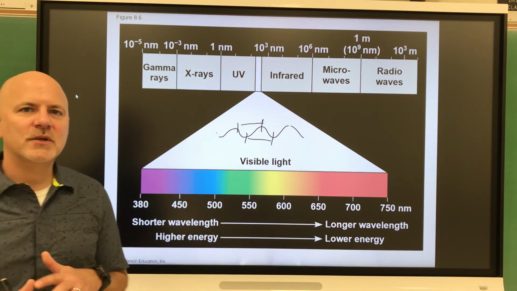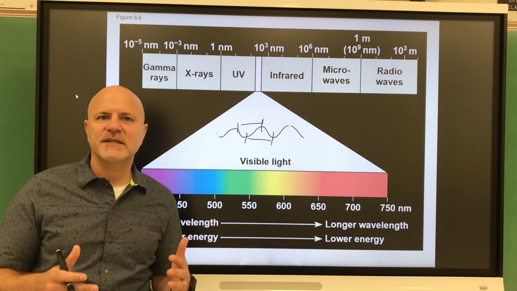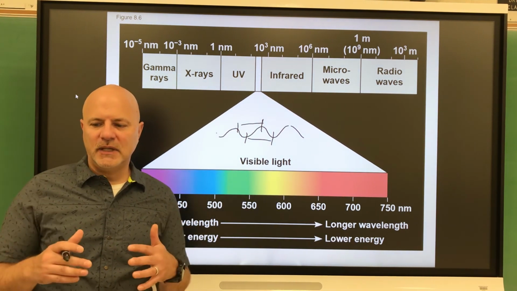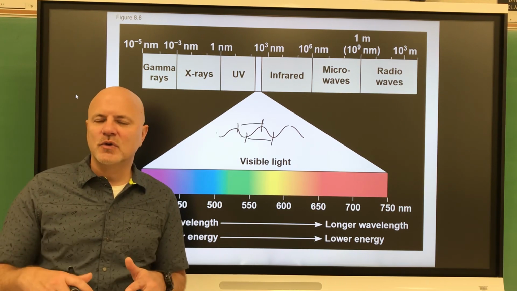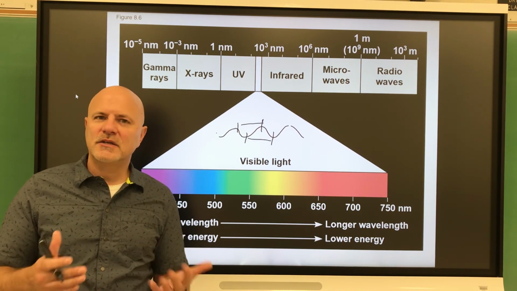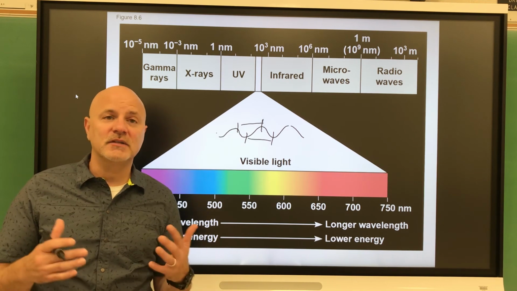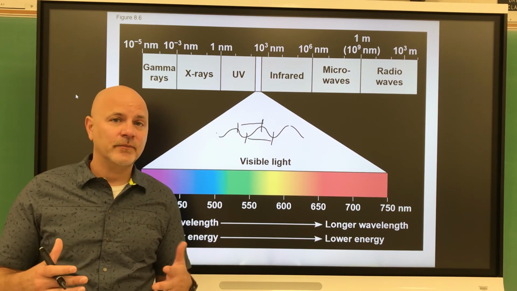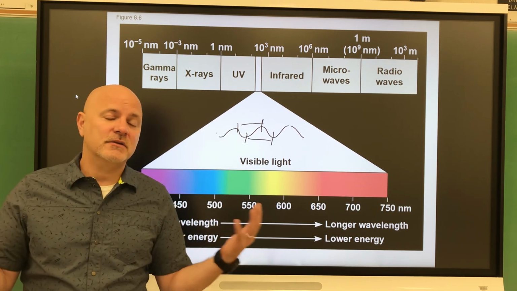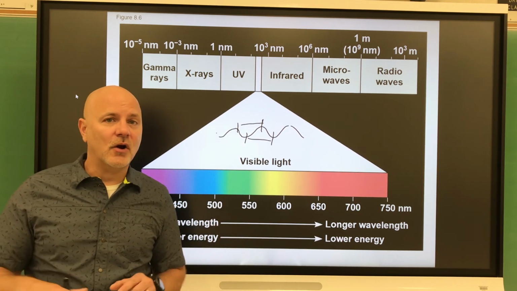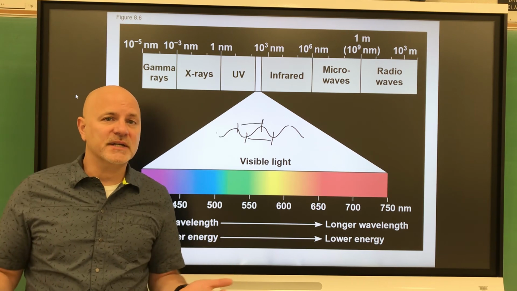So this is the reason why your cars are warmer on a sunny day. Visible light and ultraviolet radiation can pass through the glass, get absorbed by the interior of your car, and are converted into infrared radiation or heat. And the heat cannot move through the glass, so it gets trapped there. And so that's why the inside of your car is warmer than the outside of your car on a sunny day.